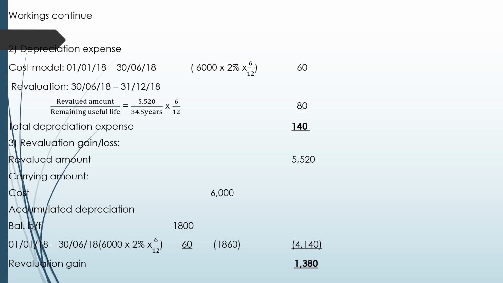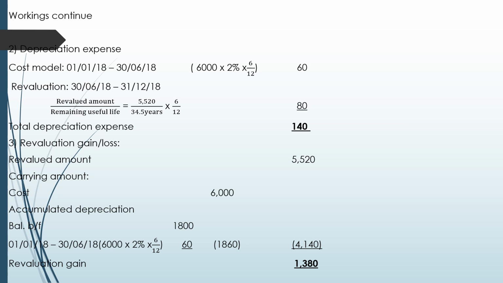So how we got the 60 has already been explained. So when you add the 60 to the 1,800, we will arrive at 1,860. When we do the subtraction, we will arrive at 4,140. So this is the carrying amount of the asset under the cost model as at the date of revaluation.